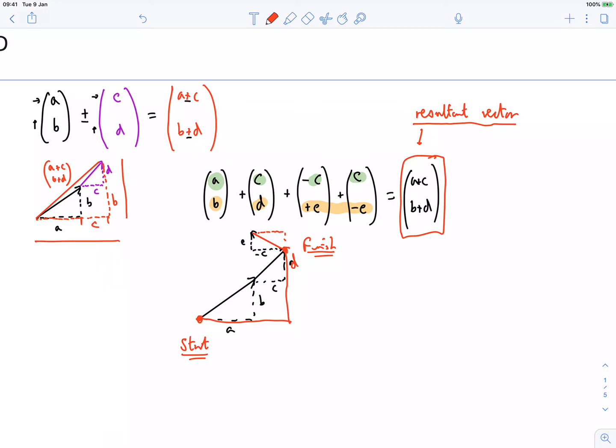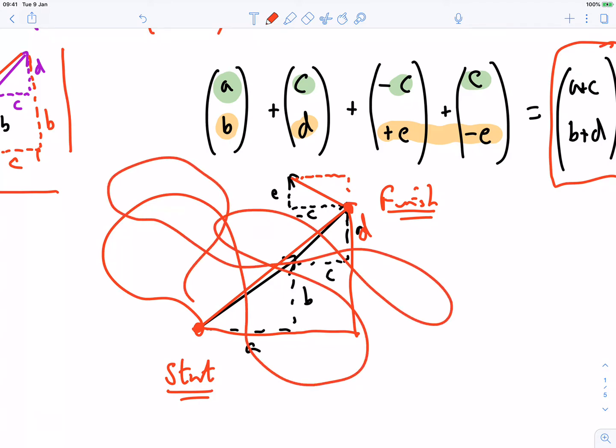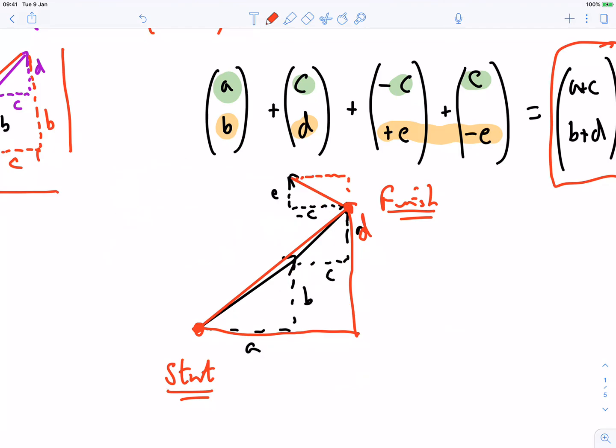It doesn't matter if I define a vector as A plus C and B plus D, I start here and end there, and that is the exact same result in vector form if I do all this business and go all around the houses, as long as I end up at the end like that. It's really bizarre, so let me rub this out.